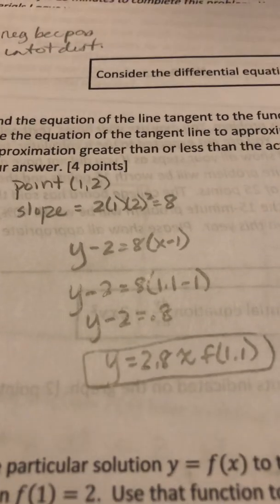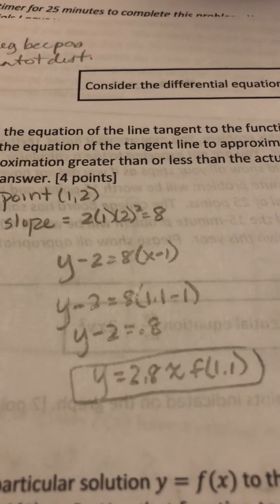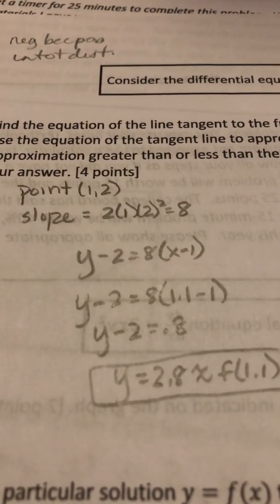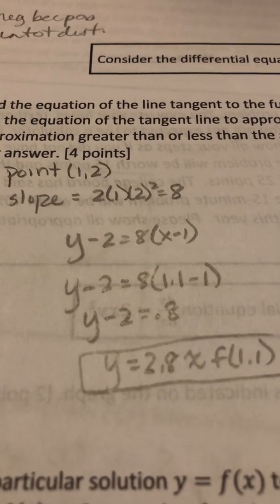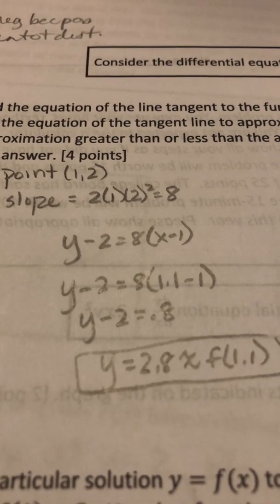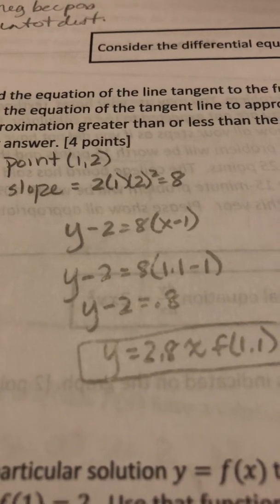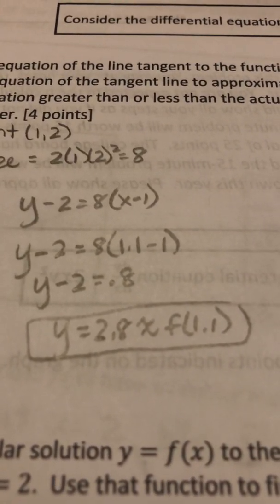Well, we just sub (1, 2) into our 2xy squared. 2 times 1 times 2 squared is 8. So here's our tangent line, y minus 2 equals 8 times (x minus 1). We use that to approximate f(1.1), so we sub 1.1 in for x, gives us 8 times 0.1, which is 0.8. y minus 2 equals 0.8, so y equals 2.8, which is approximately equal to f(1.1).